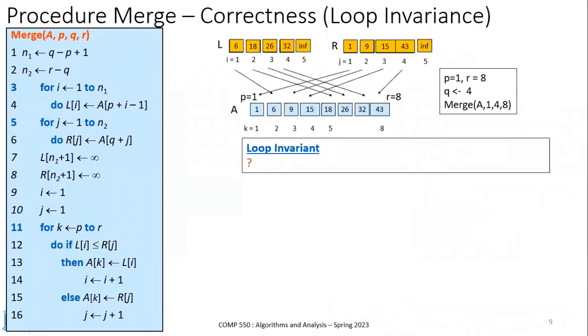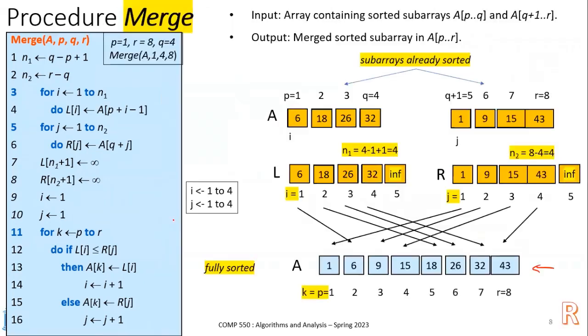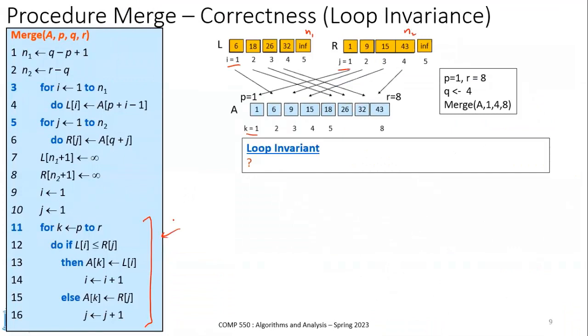So I'll go to the gentleman who just had the other suggestion. Yes, I'm sorry to interrupt you. We had N1 and N2 being the sizes of the subarrays, but the indices are I, J, and K. If you remember, this was the loop we were focusing on, for which we need a loop invariant.